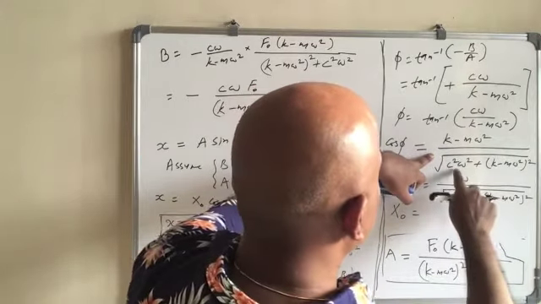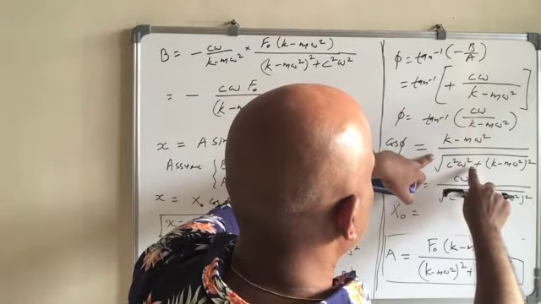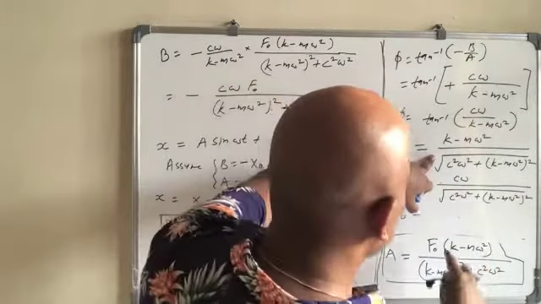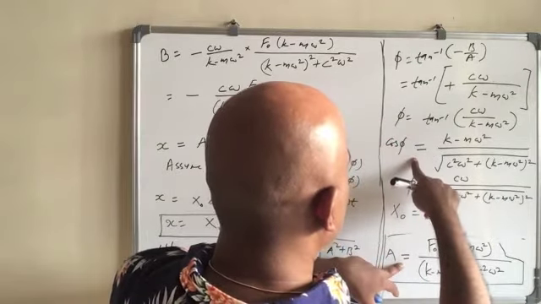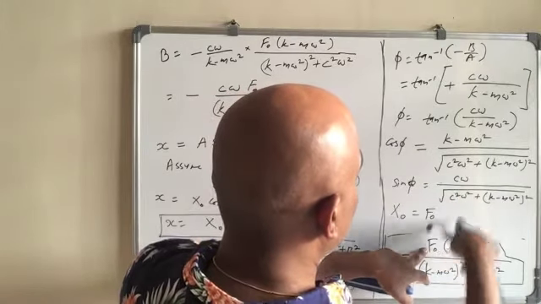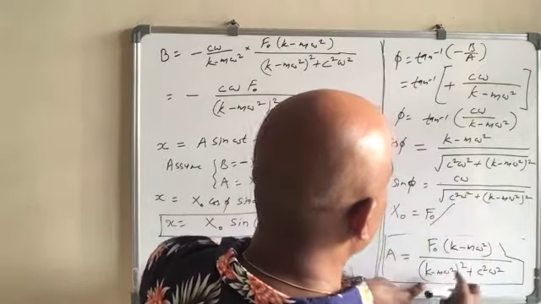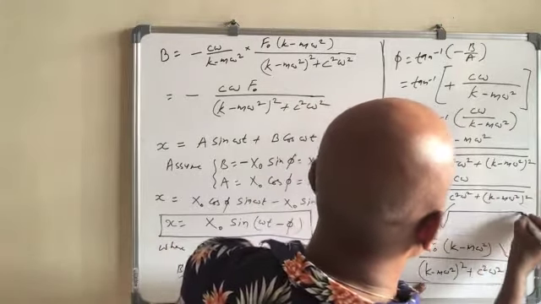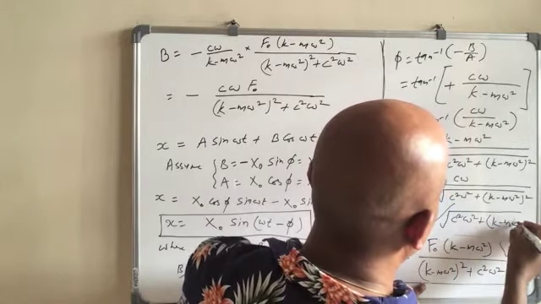Then we have this term, c square omega square plus k minus m omega square.